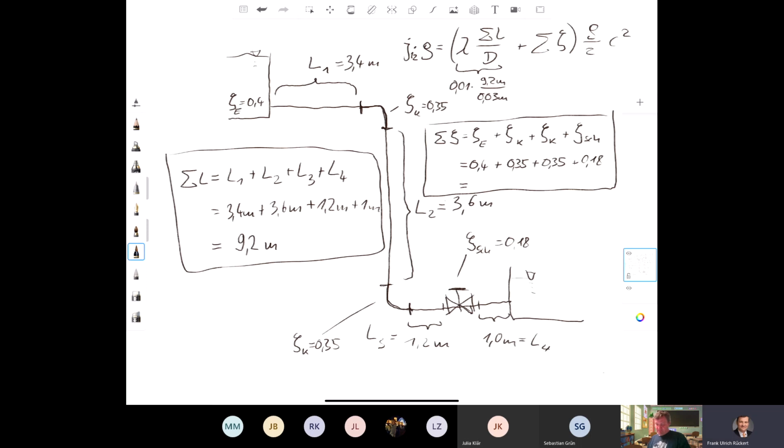And it will be 0.4 and so on, which is 1.28. And we don't have any unit here.